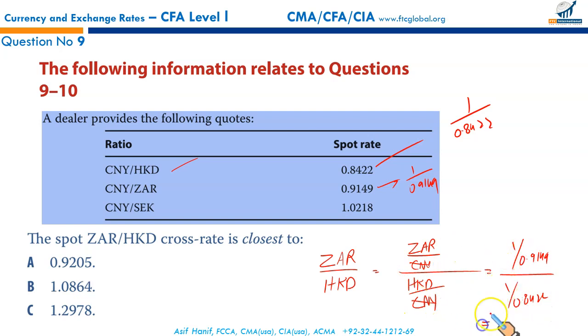Also, when you simplify these, basically the fraction would be 0.8422 upon 0.9149, and when you will simplify this, you should get 0.92053. So this is the cross rate, 0.92053 South African rand per 1 Hong Kong dollar. So that makes A the correct option.